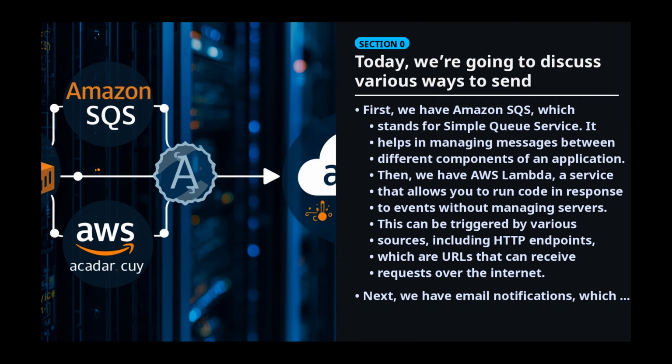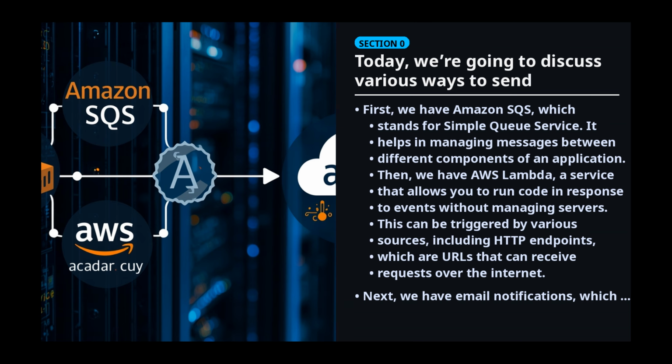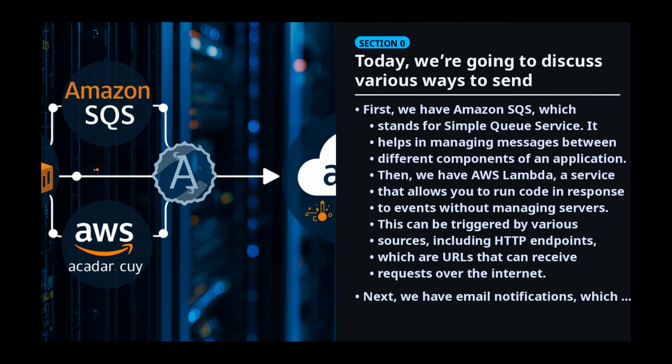Lastly, we have service providers like Datadog, MongoDB, and Splunk, which offer various functionalities for monitoring and managing data. In summary, these services provide a robust framework for sending notifications and handling data efficiently across different platforms.